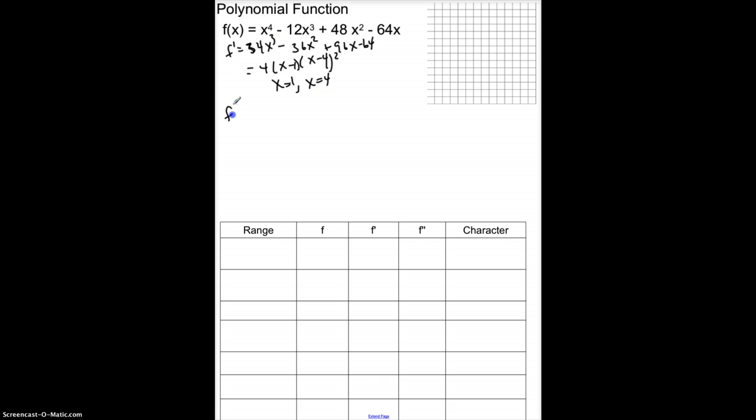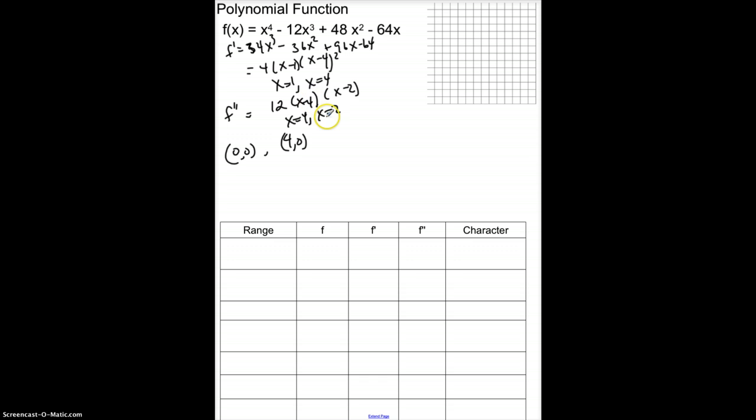The second derivative is 12 times (x minus 4) times (x minus 2), and it has zeros at x equals 4 and x equals 2. Let's find our intercepts. When x is 0, y is 0. And if I were to factor this, I would find I have another intercept at 4, 0.